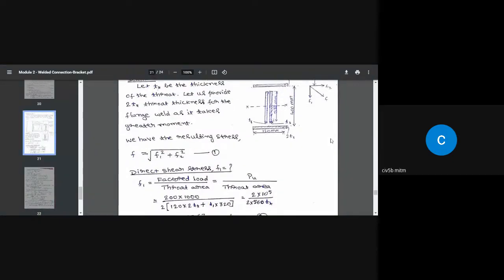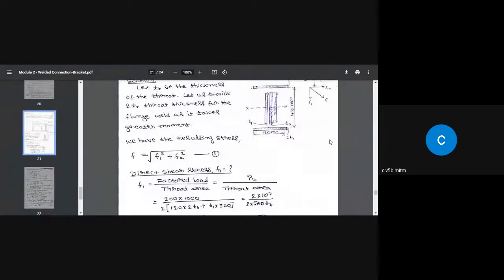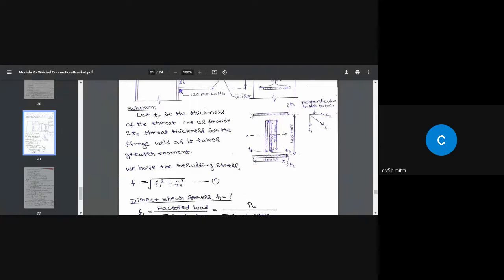Taking this weld first, its moment of inertia about this axis is given by its moment of inertia about its own parallel centroidal axis plus the area of this weld times the square of the perpendicular distance between the two axes, the centroidal axis of this weld and the major axis.